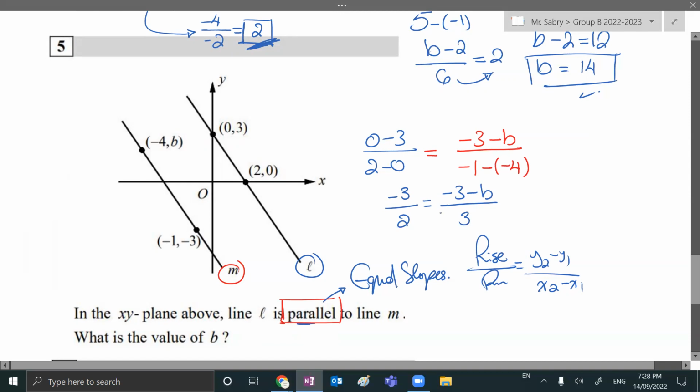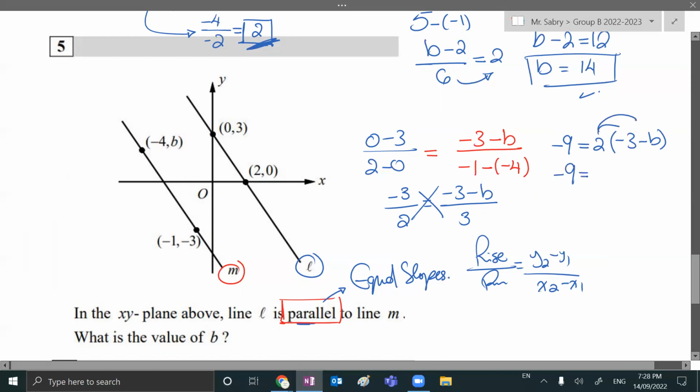Now whenever I have fractions that are equal to each other, the only thing I can do is cross multiply. So I'll say that -3 times 3, which is -9, is supposed to equal 2 multiplied by (-3 minus b). Now let's solve that. Distribute the 2.